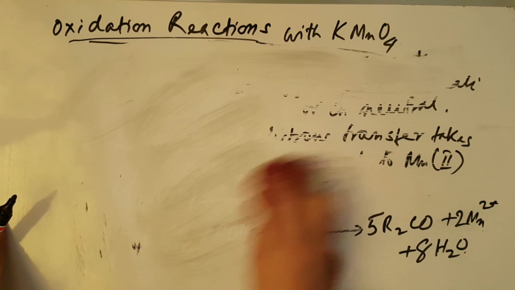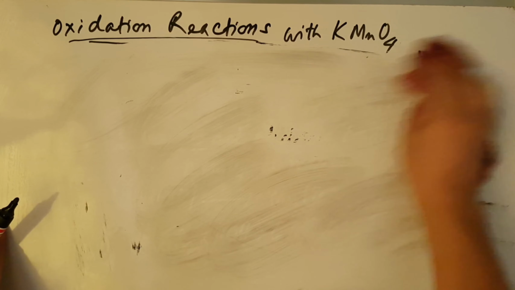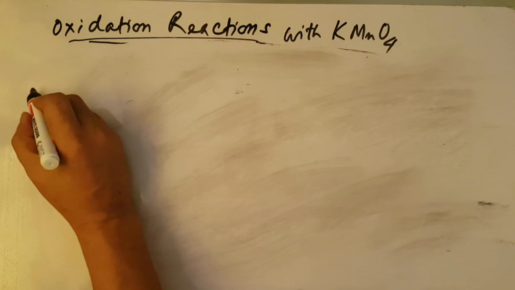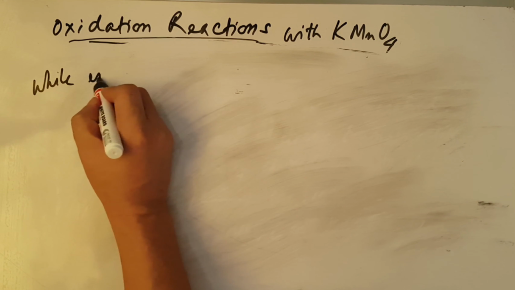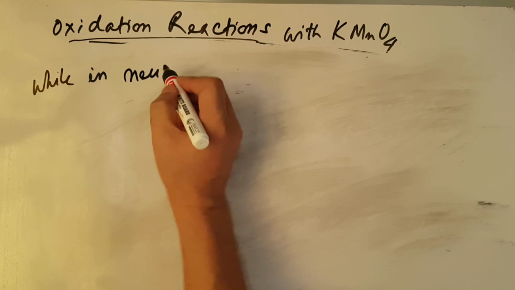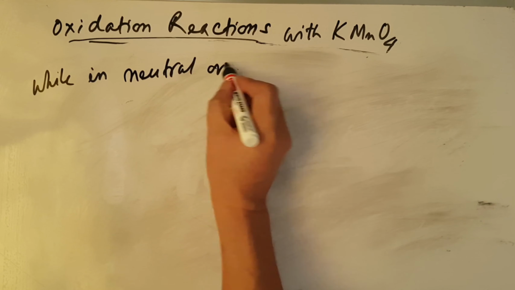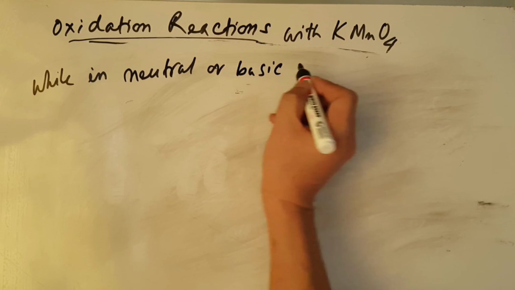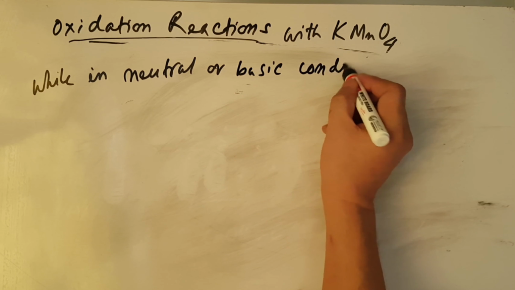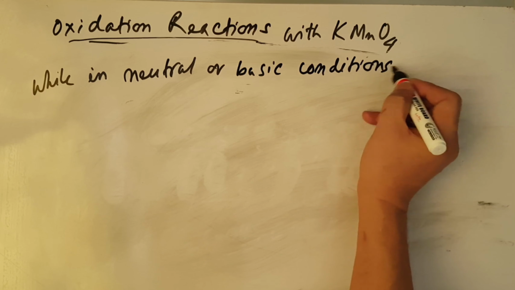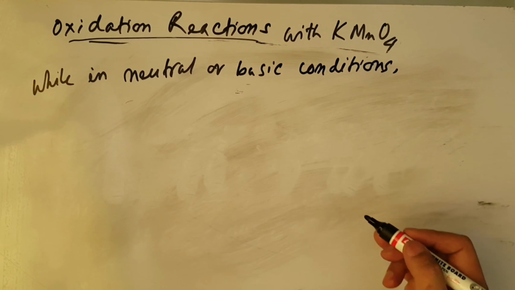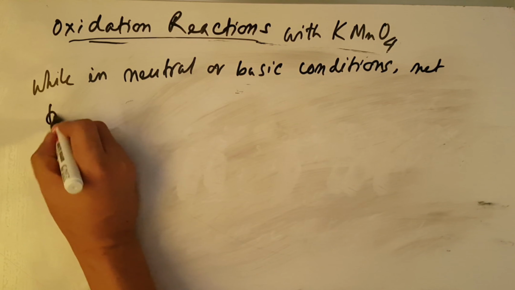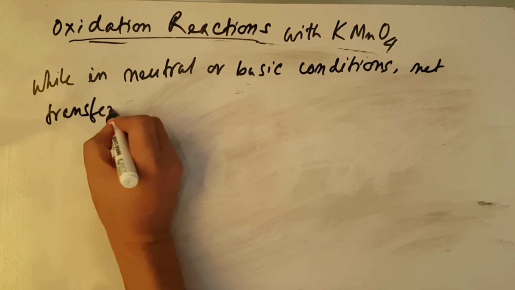So in the case of neutral or alkaline or basic conditions, a net transfer of 3 electrons takes place.